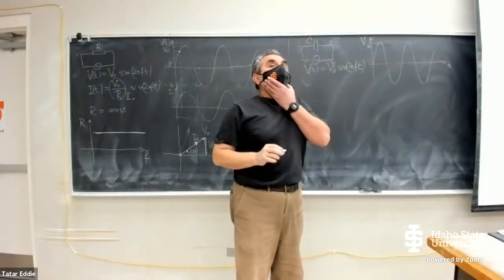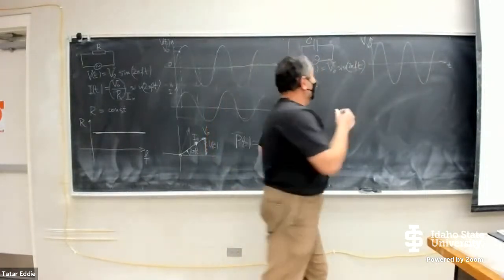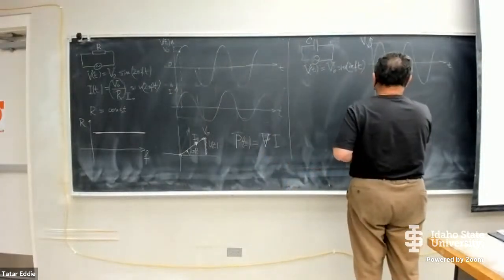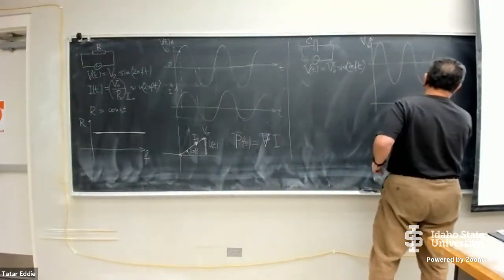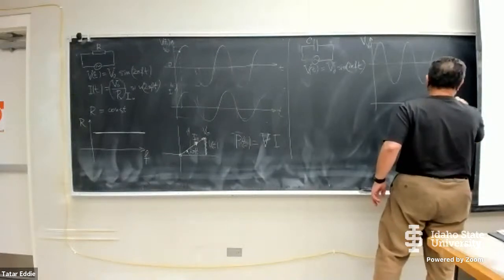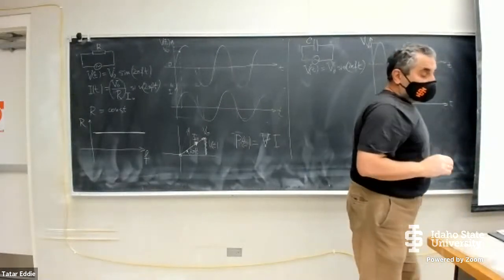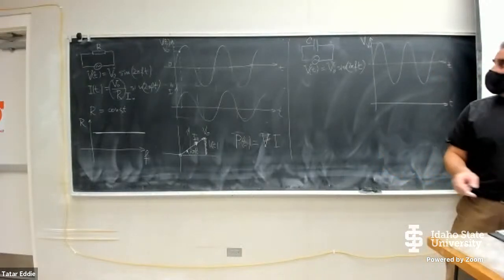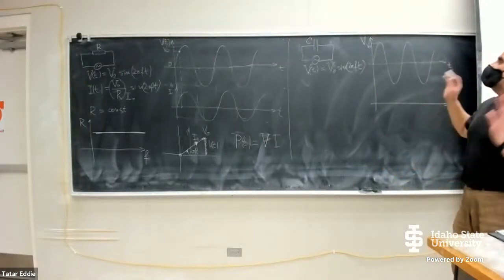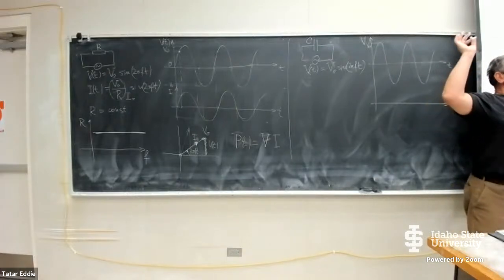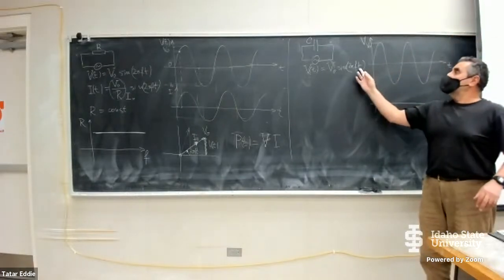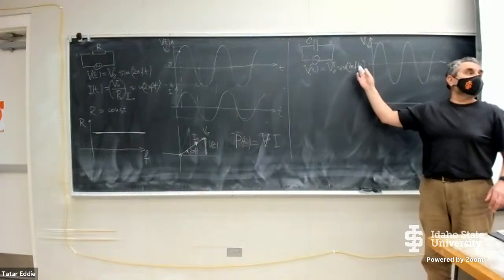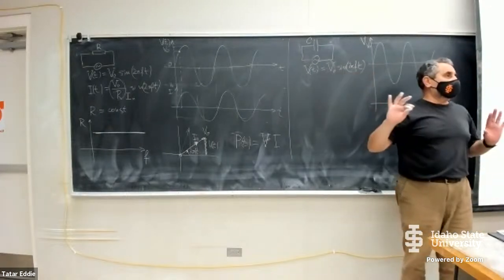However, unlike the previous circuit, you're going to see something unexpected for the current that is flowing in this circuit. Look at what is happening. Let's say at the moment of time t equal to 0. When t is equal to 0, sine of 0 is 0, the voltage is 0.